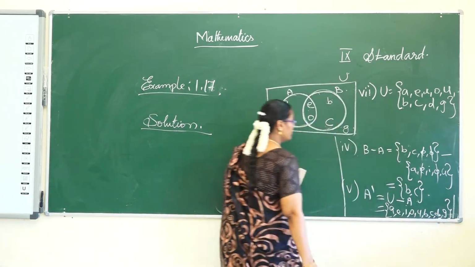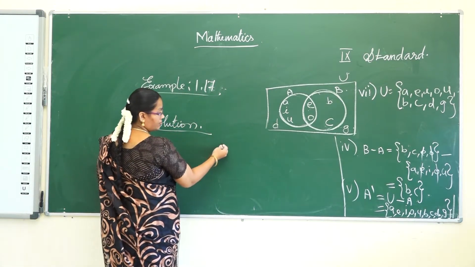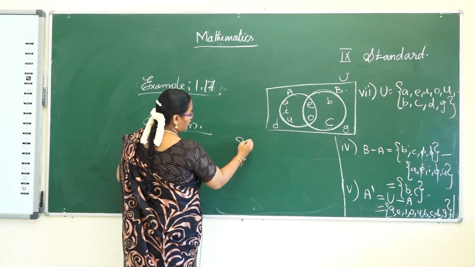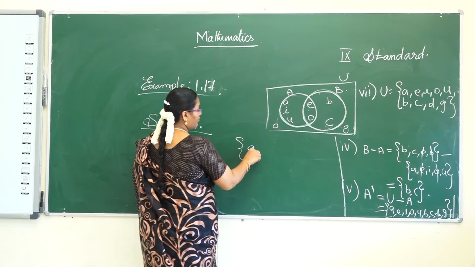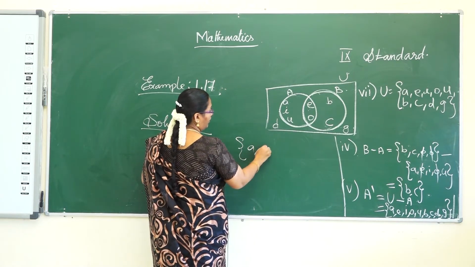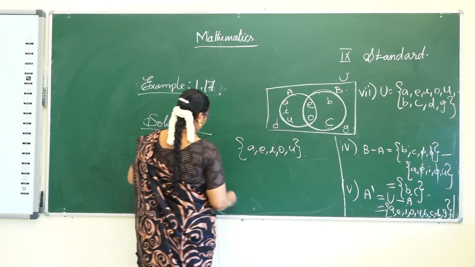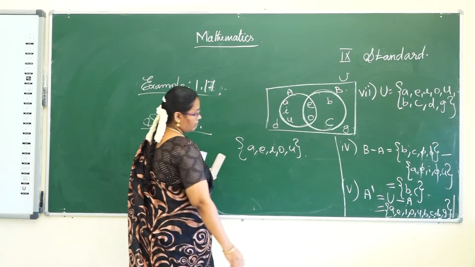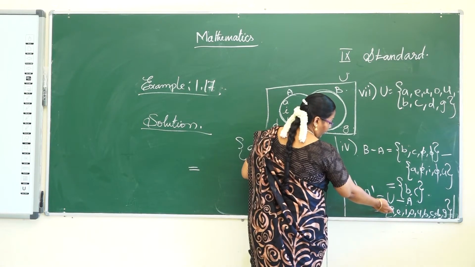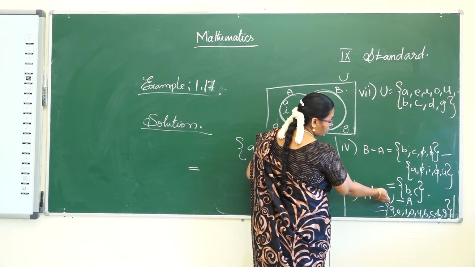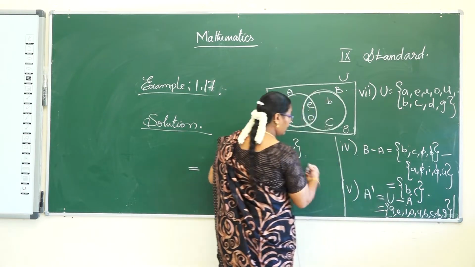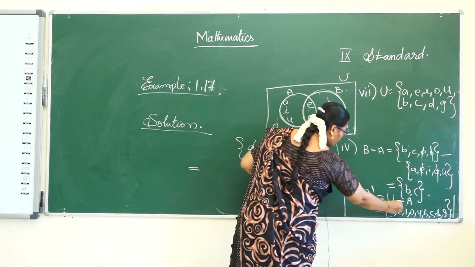Universal set difference A. The values of A are the elements A, E, I, O, U. So all the elements only in the universal set, not in A. So which are the elements common? A, so cancel it.